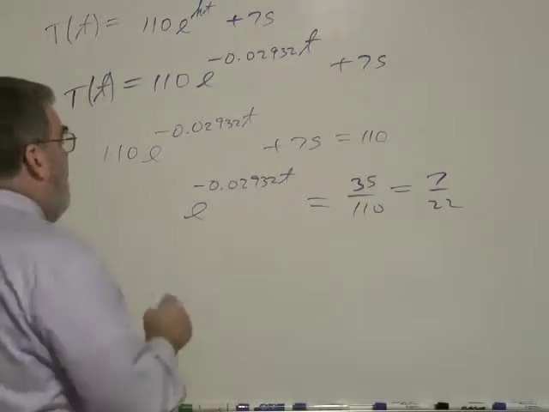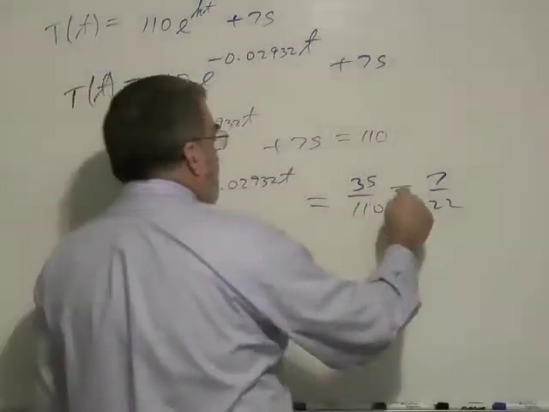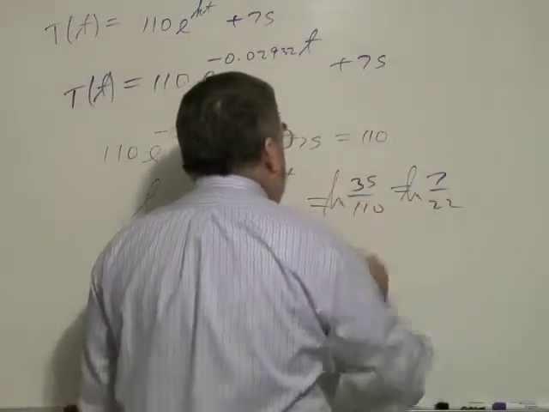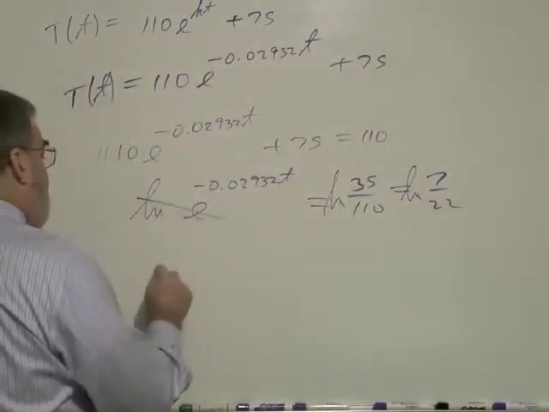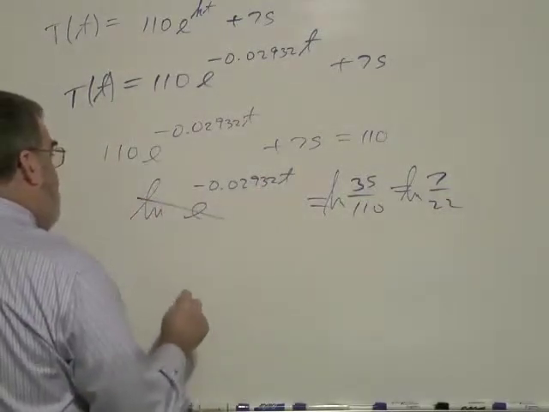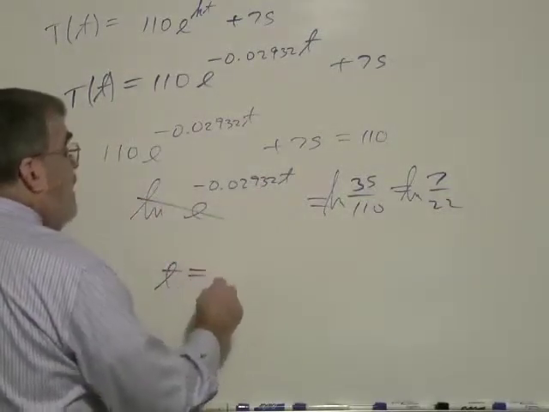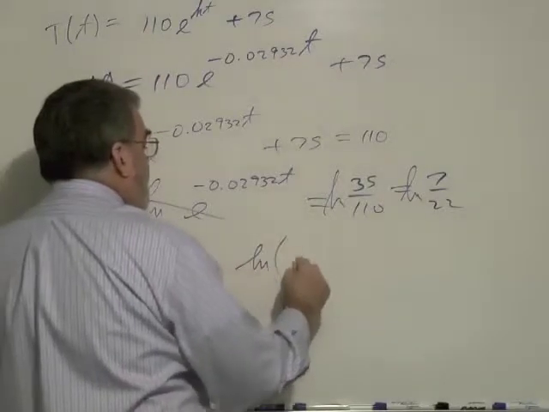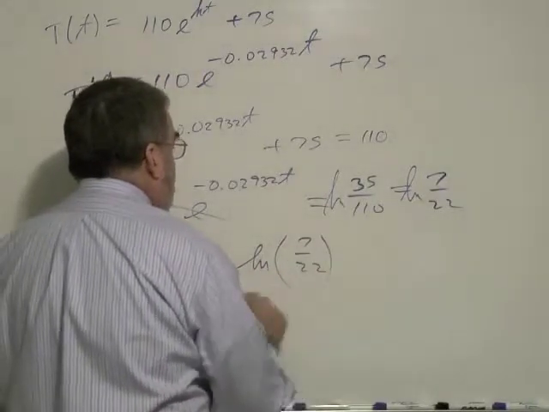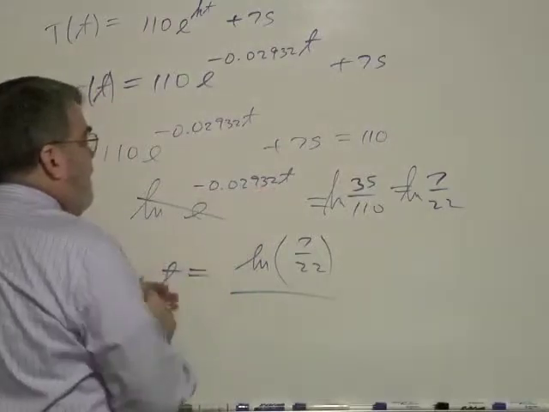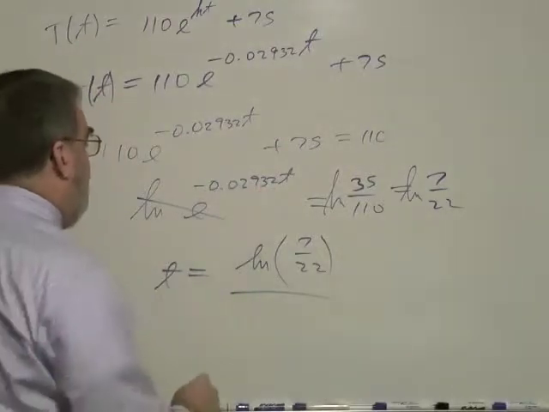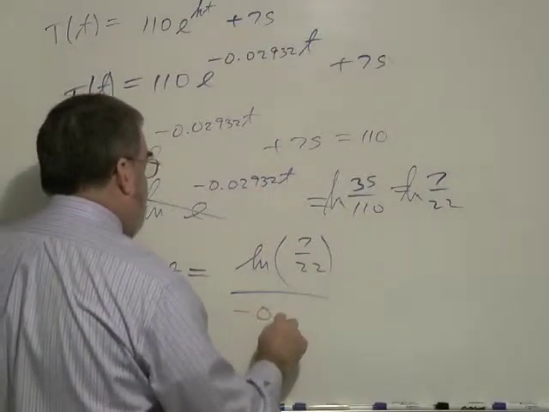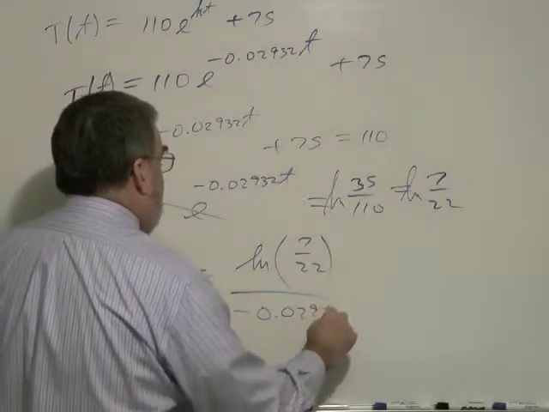So if we take the log of both sides and solve for t, I'm going to get t equals the natural log of 7 over 22, and then we'll divide by this coefficient up here, negative 0.02932.